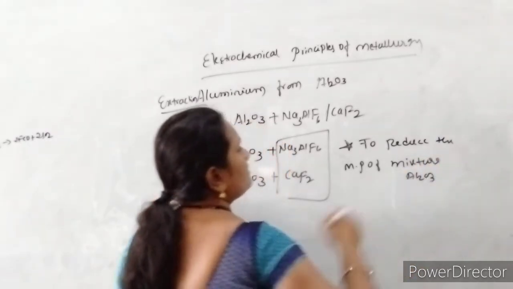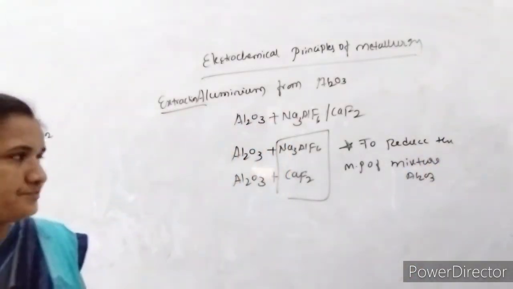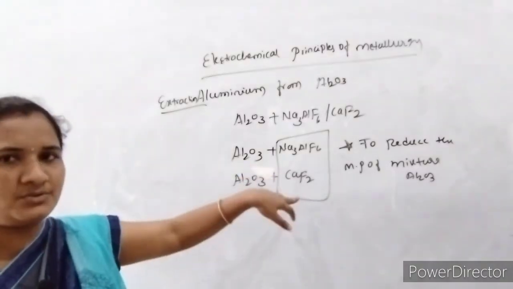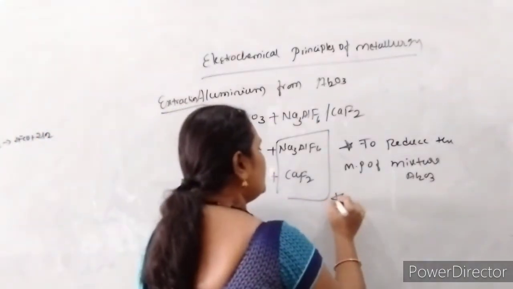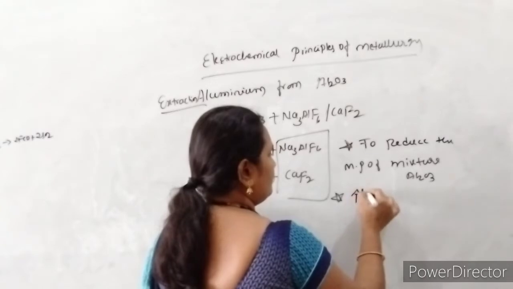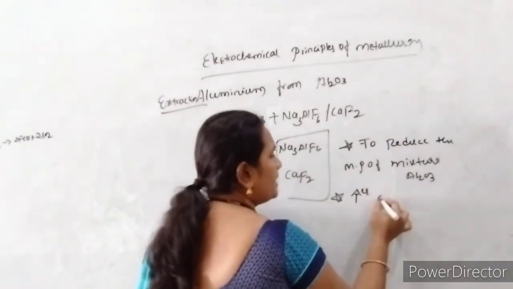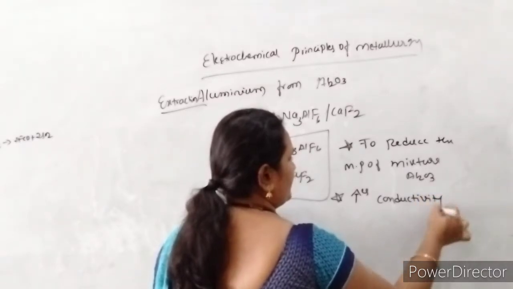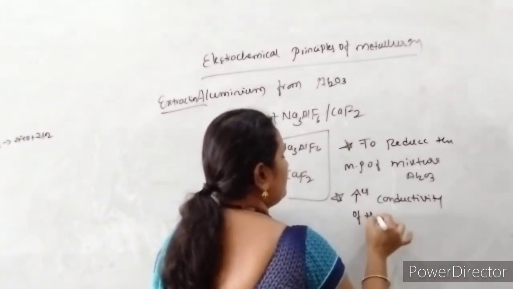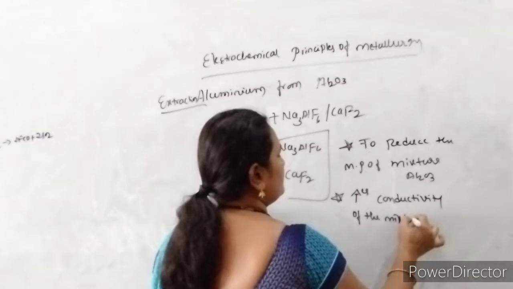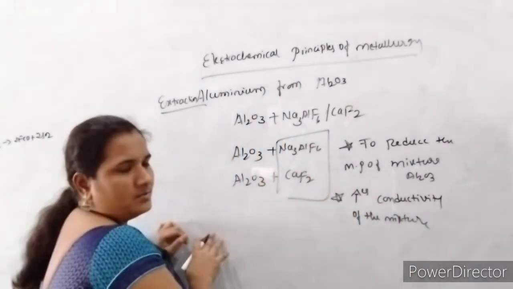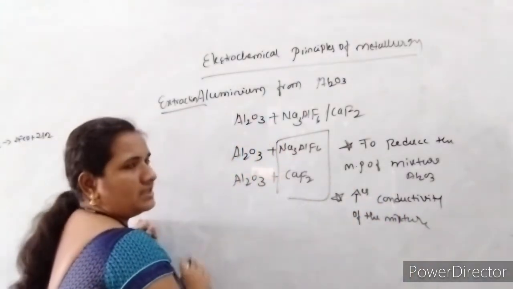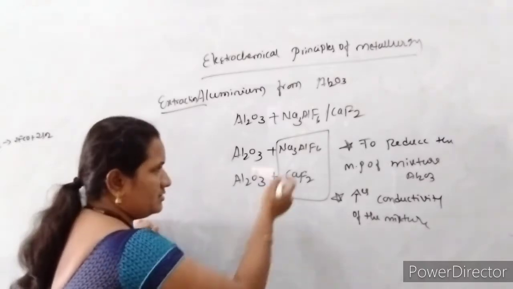The second property of these two is that they increase the conductivity of the mixture, because both Na3AlF6 as well as calcium fluoride are ionic substances.